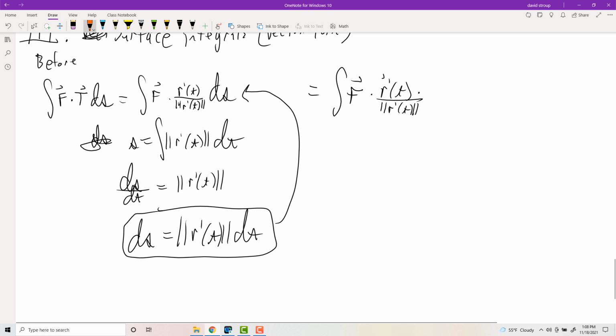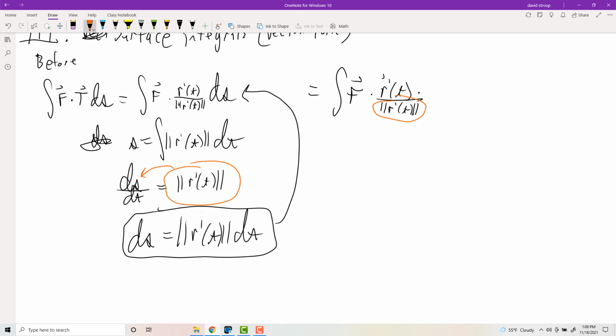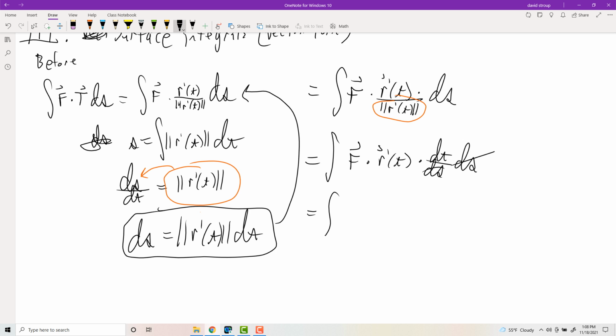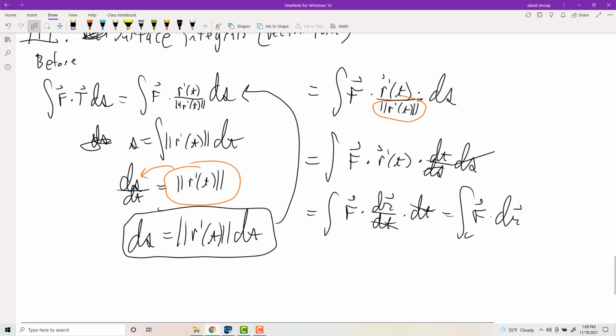So this object in the denominator, you could replace with ds over dt, and you would have the integral of f dotted with r prime of t, multiplying by the reciprocal, you get dt all over ds, the ds's cancel, and you have the integral of f dotted with r prime of t. R prime of t is just the derivative of r with respect to t times dt, and then the dt's canceled, and we had that form that we were introduced to for the vector version of the line integral.